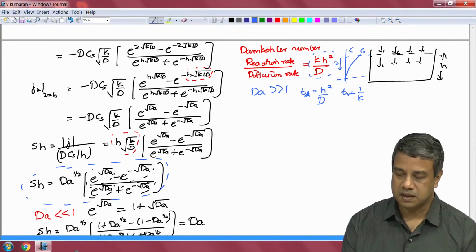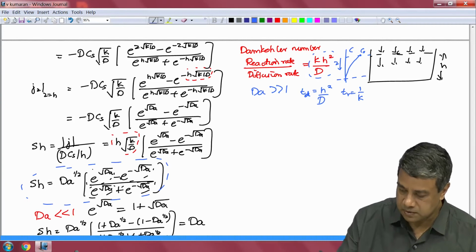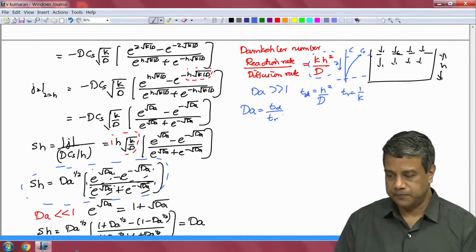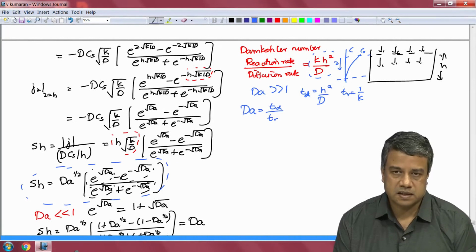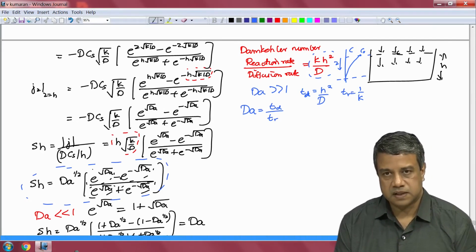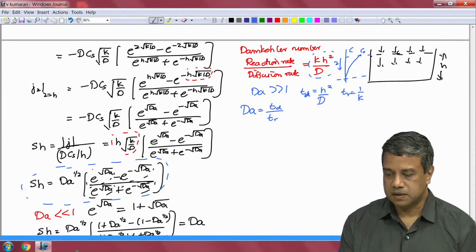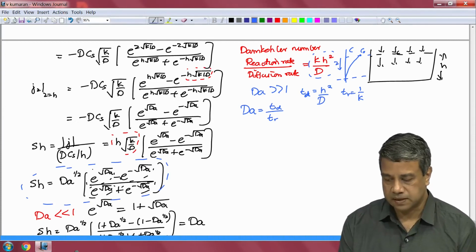I said it the other way. Td by Tr is small if the Damköhler number is small. So, the Damköhler number can also be expressed as the ratio of a diffusion time divided by a reaction time, where the diffusion time is h square by D just from dimensional analysis. Diffusivity has dimensions of length square per time. Reaction time has dimensions of inverse of the rate constant, because rate constant is 1 over time.